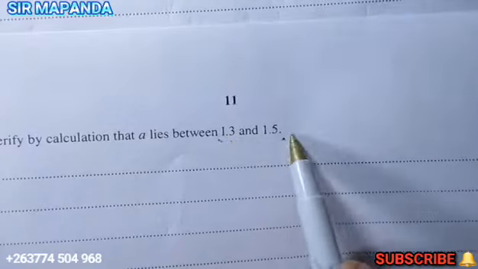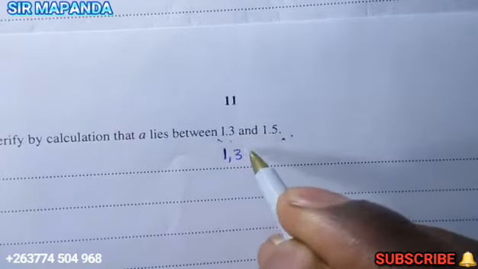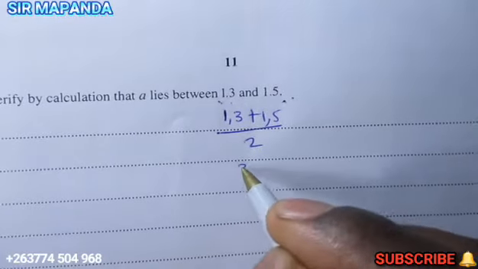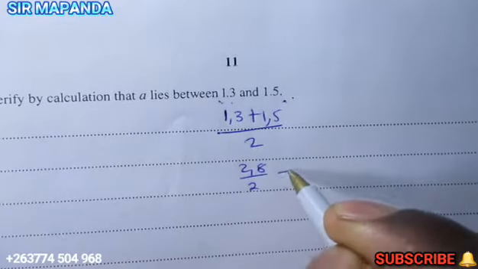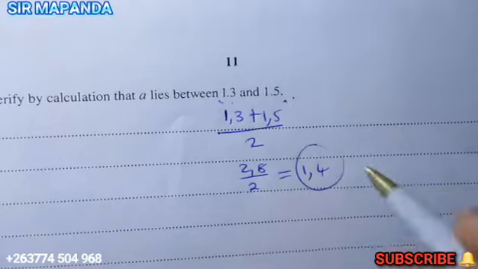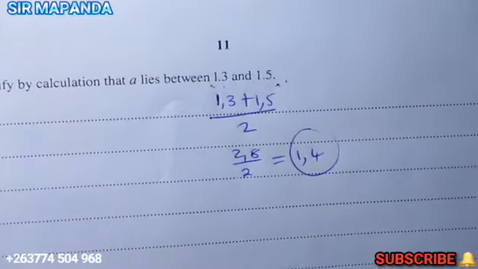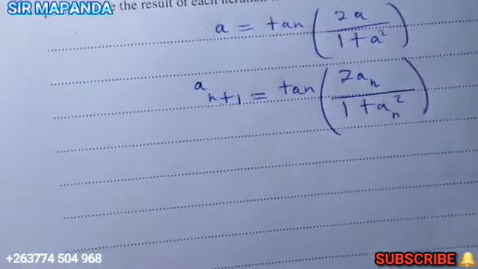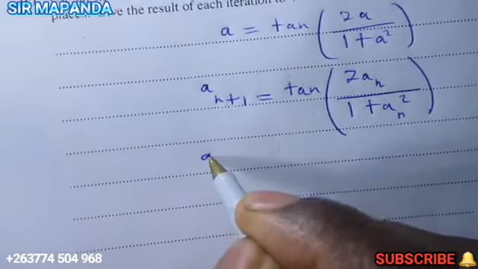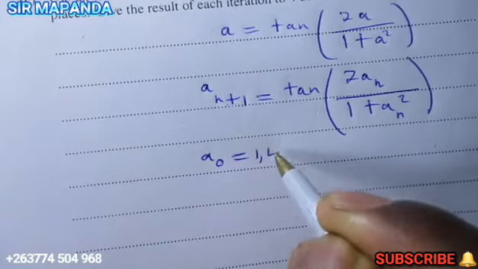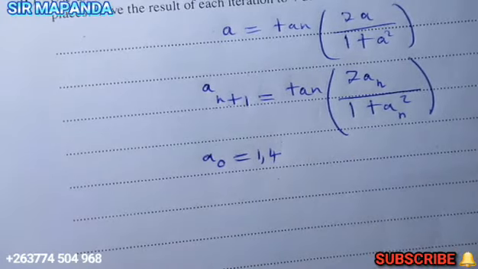So 1,3 plus 1,5 divided by 2, you get 2,8 divided by 2, which is equal to 1,4. So 1,4 is this initial value that you can make use of as a0. Right, so I'm going to take a0, the initial, as 1,4, which is the average of the lower limit and the upper limit.